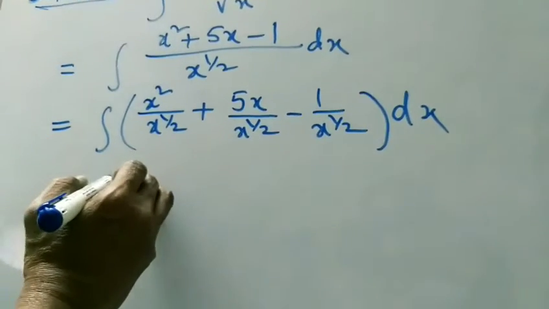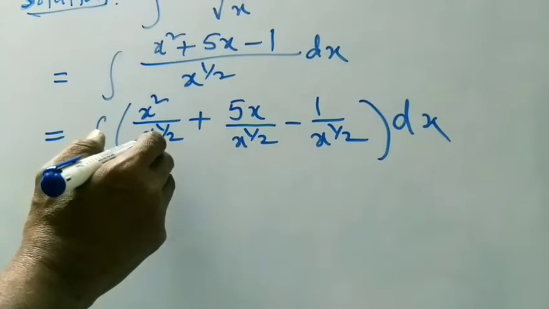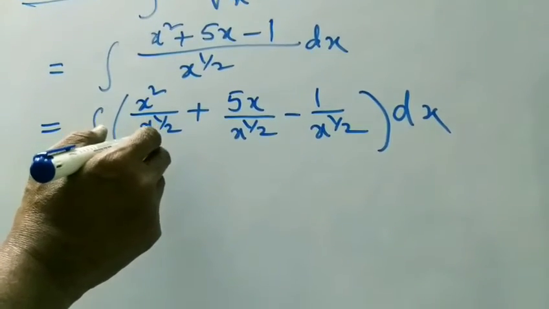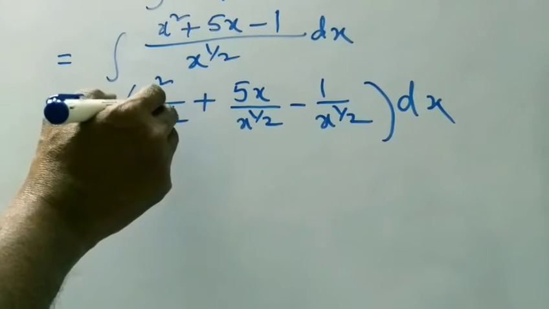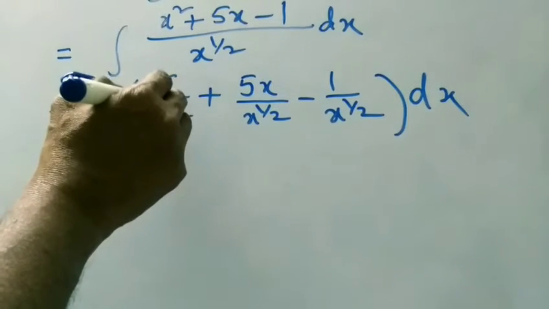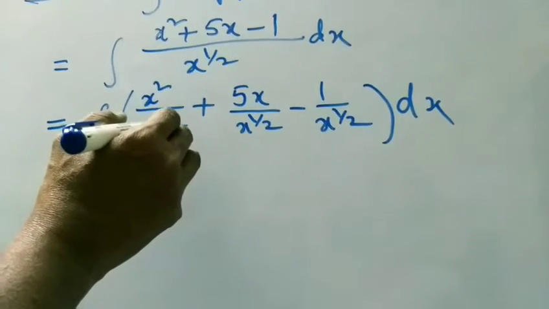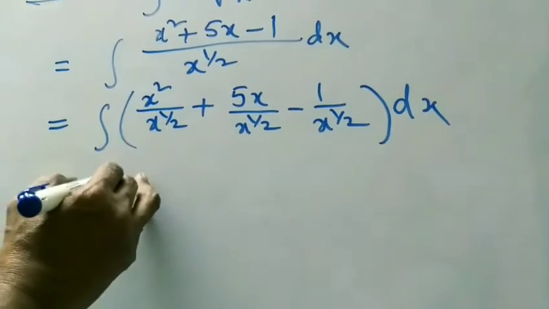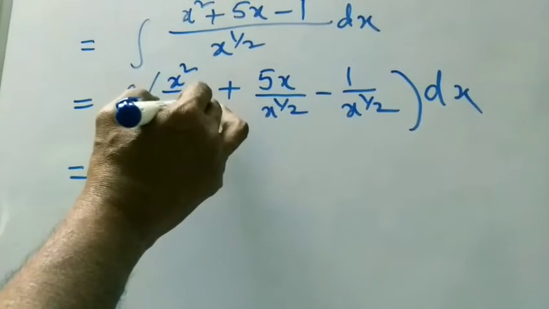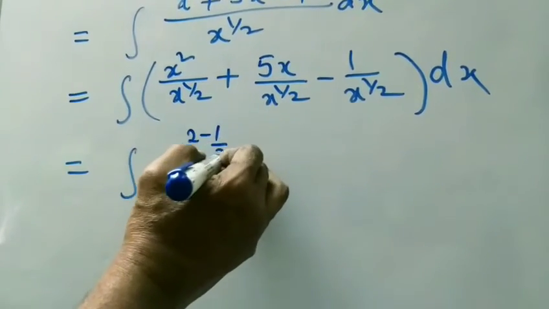When bases are equal in division, a to the power of m by a to the power of n becomes a to the power of m minus n. That means integral of x to the power of 2 minus 1 by 2.